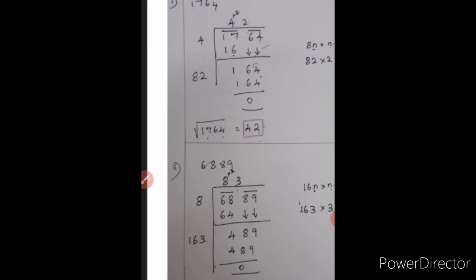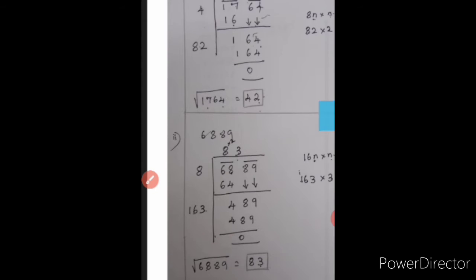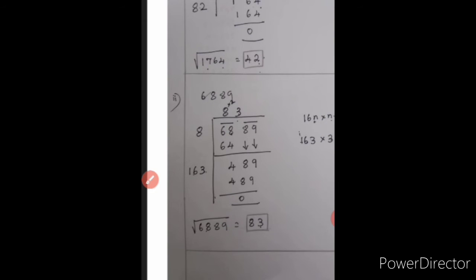That is 163 into 3 is 489. Therefore, the square root of 6889 is equal to 83.